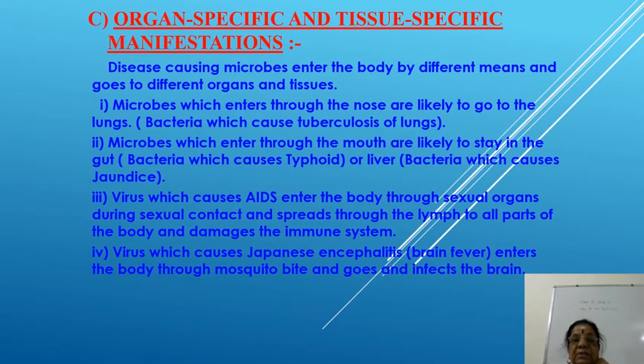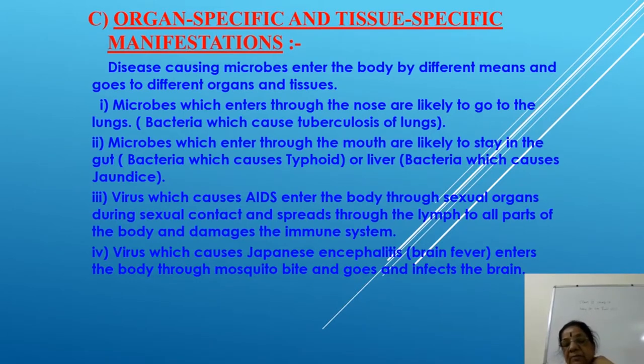So first, through air affects the lungs; through the nose it affects the lungs. Through the mouth, it first affects the digestive system, the gut, and then bacteria cause the disease typhoid. The bacterial agent is called Salmonella typhi.